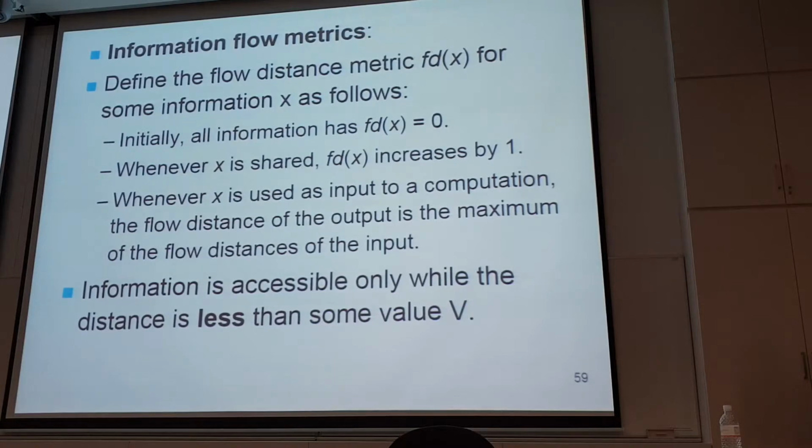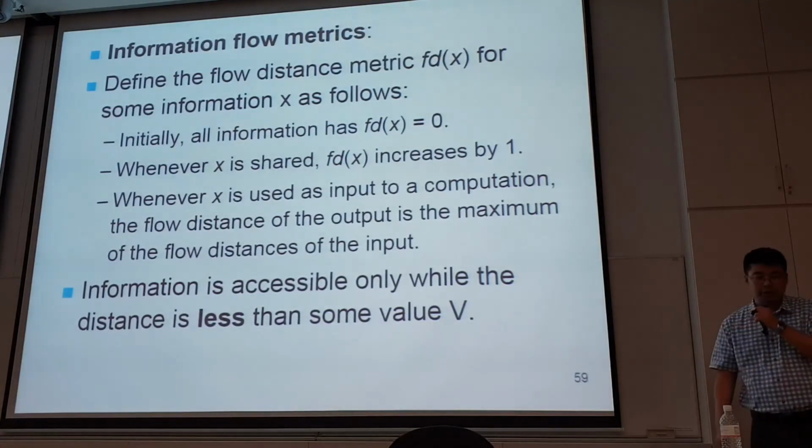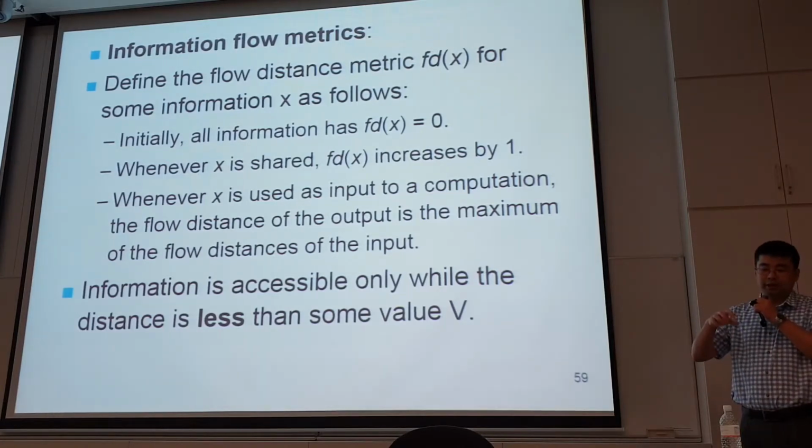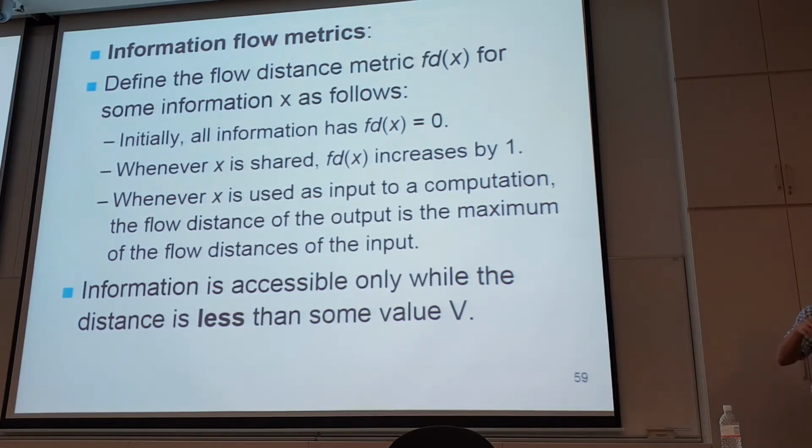So how does this information flow matrix work? Essentially it restricts the boundary, the domain where the virus or malware can spread. In this case, we just calculate the distance. When an object is moved from one location to another, for example, a virus attaches itself to another object, then the flow distance will increase. Every hop, every time the virus infects an object, the flow distance will increase.